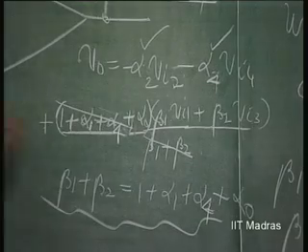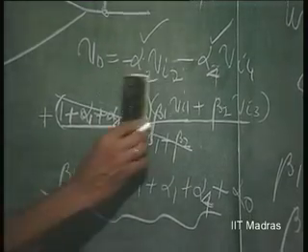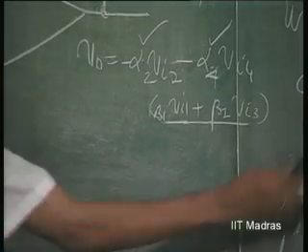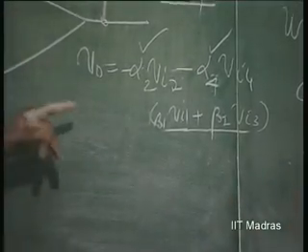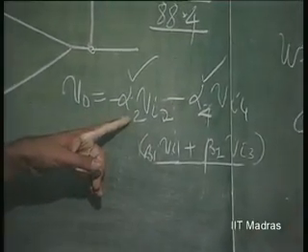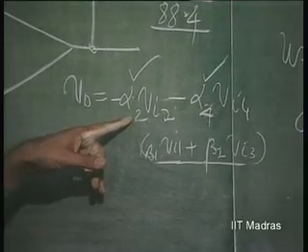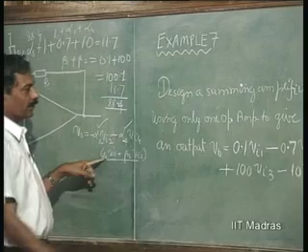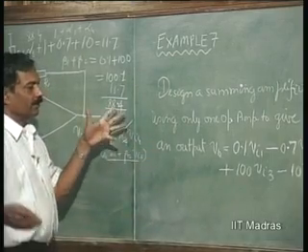That gets cancelled here, and we get this design in a very simple manner. The answer is very simple. Alpha 2 corresponds to 0.7, alpha 4 corresponds to 10, beta 1 corresponds to 0.1, beta 2 corresponds to 100.